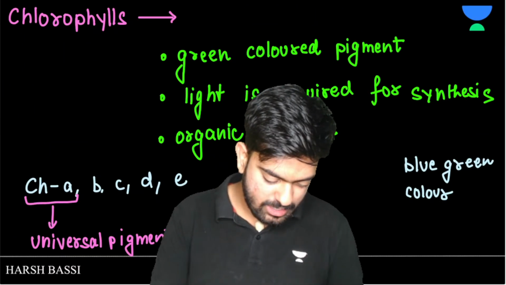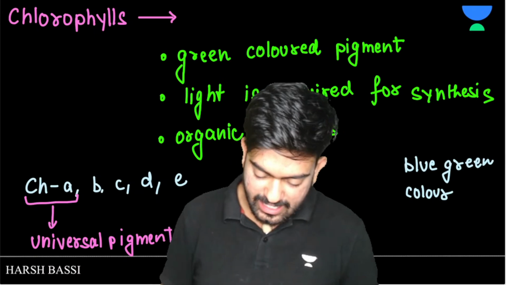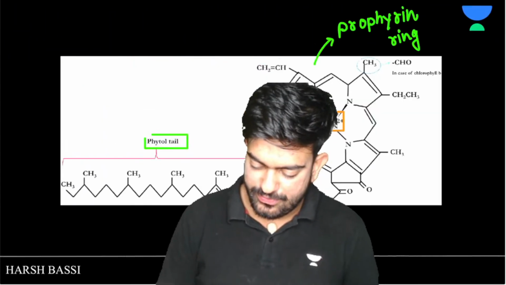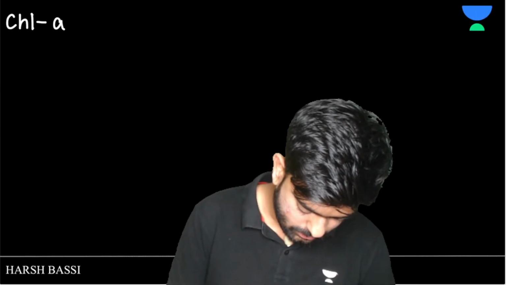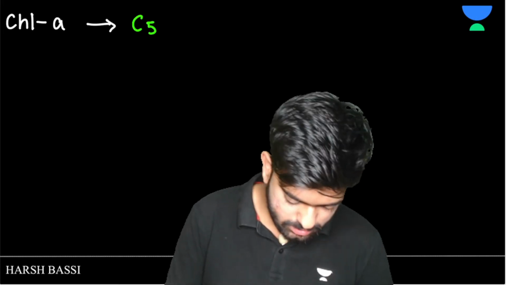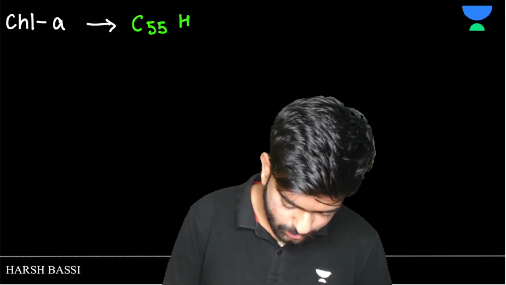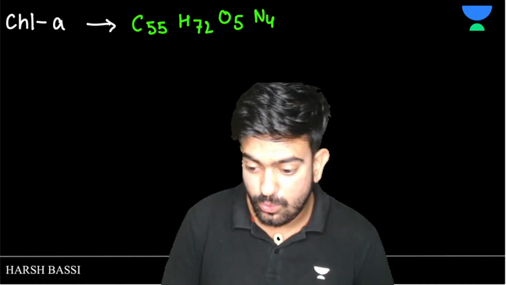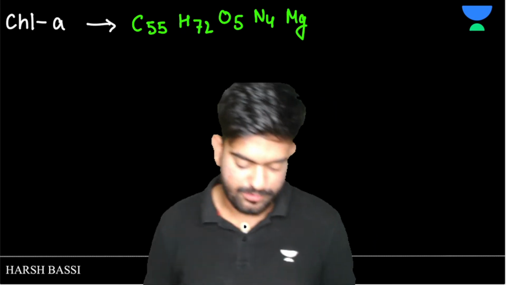Now let's write the formula for this particular thing. So what is the formula for chlorophyll A? The chlorophyll A formula is C55H72O5N4Mg.